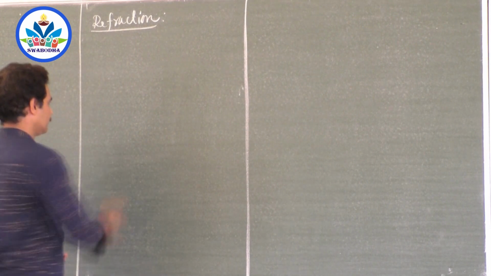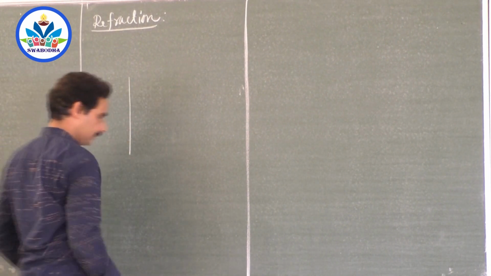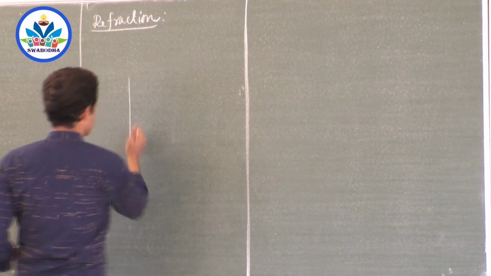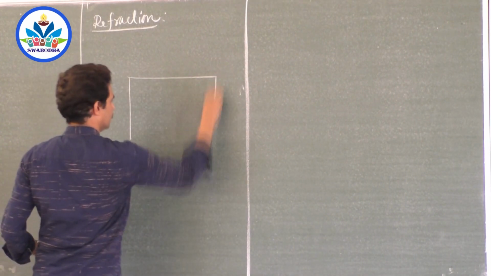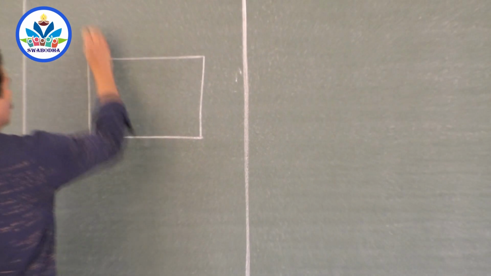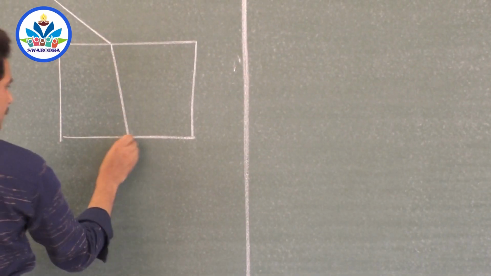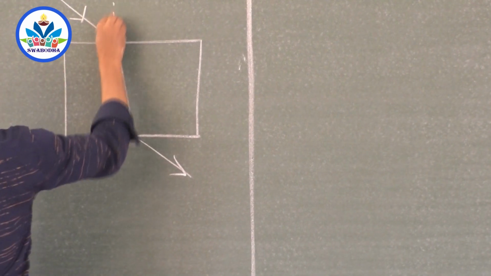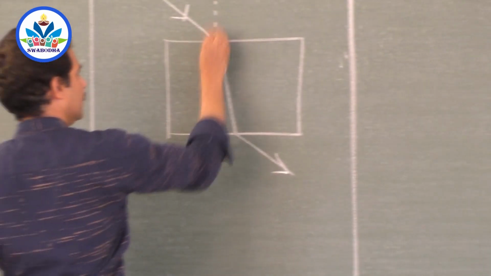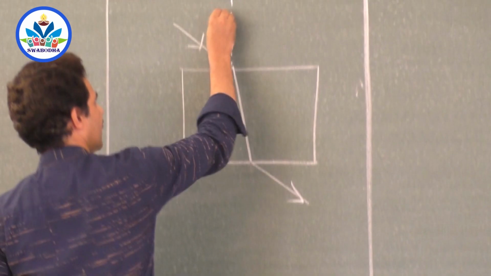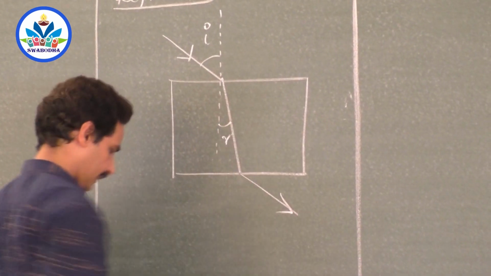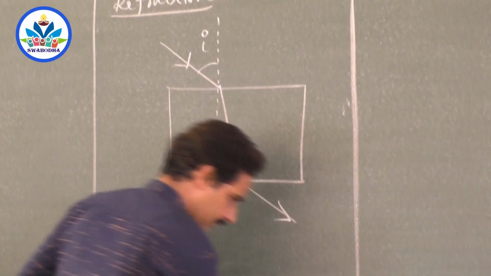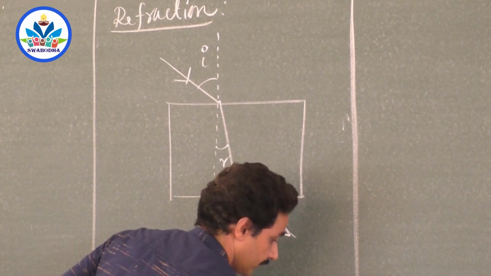One is lateral shift. But before that we will see how a ray of light changes its direction and how we measure it in terms of refractive index. So if your ray of light is incident on a medium, if I is the angle of incidence and R is the angle of refraction, then we define refractive index.